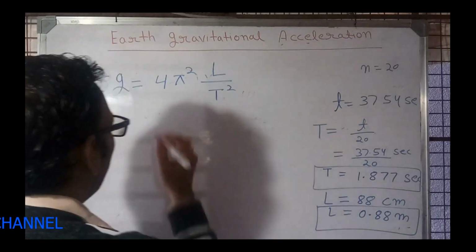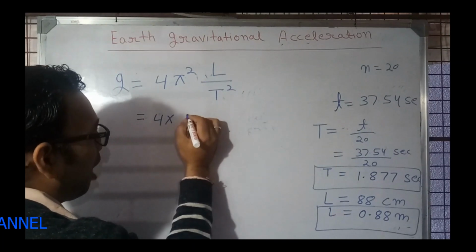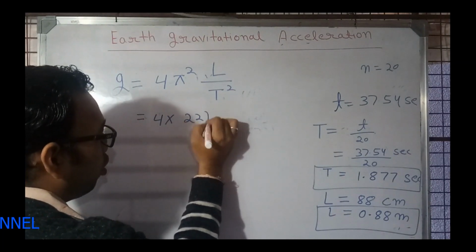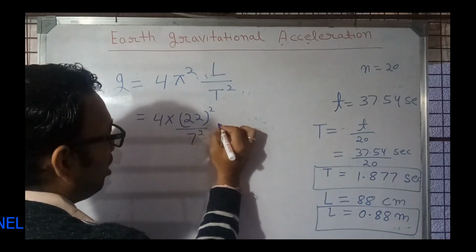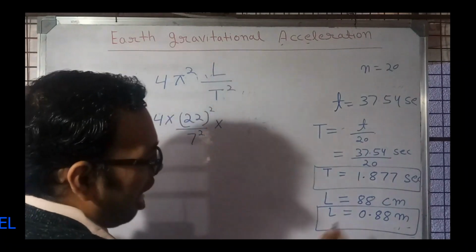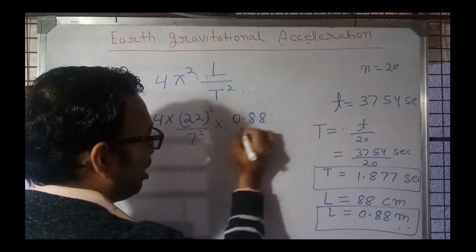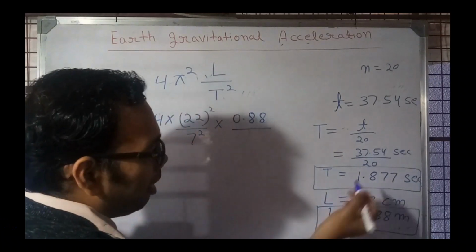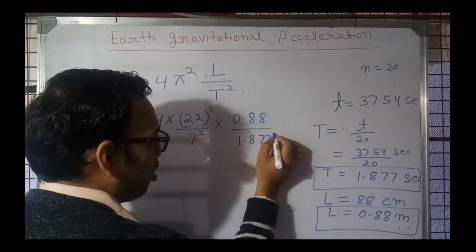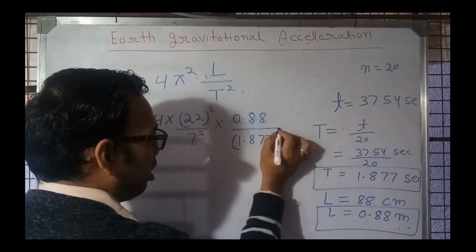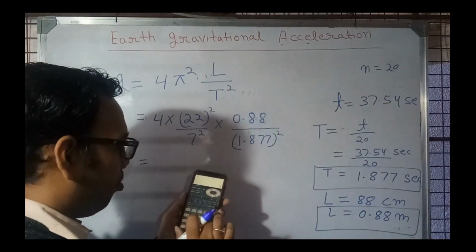Pi we can write as 22 by 7, so 4 into (22/7) whole square multiplied by L, which is 0.88, divided by T, which is 1.877, whole square.